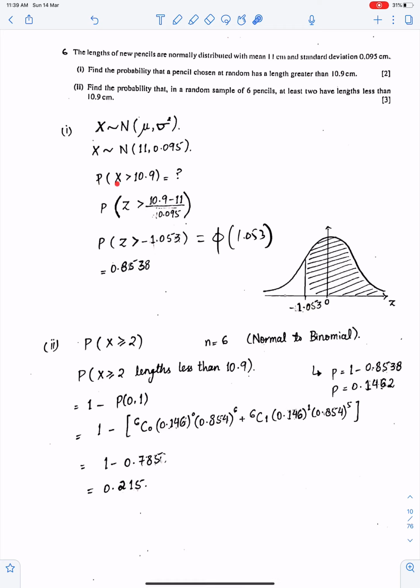You just need to convert this into z, and you get this. You need a large area, so this is phi, and you can easily get this. I'm not discussing how to get this because maybe the student is using a calculator or tables. I'm leaving this here because I have already discussed these things in detail, so you have to do this yourself.